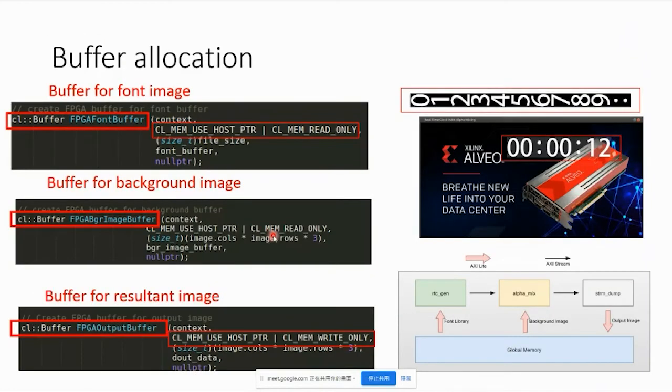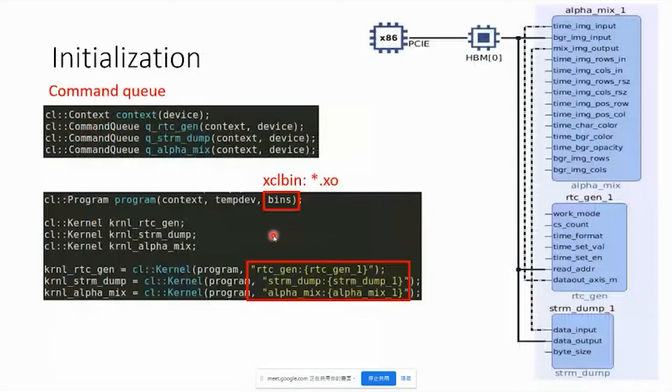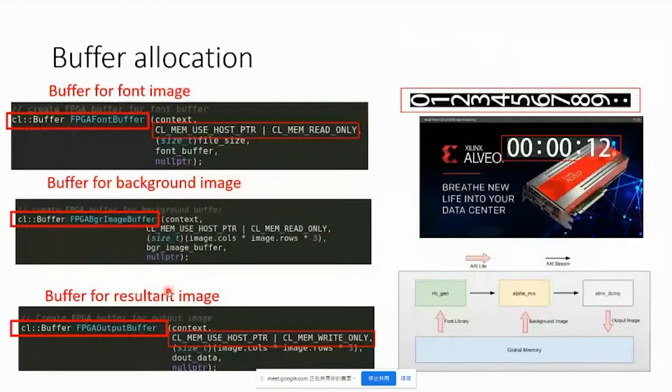Okay, now we have initialized the program and kernel. Now we allocate buffers. The buffer is needed because in the kernel we need an address, a pointer, such that the kernel can know where the data it needs is stored.